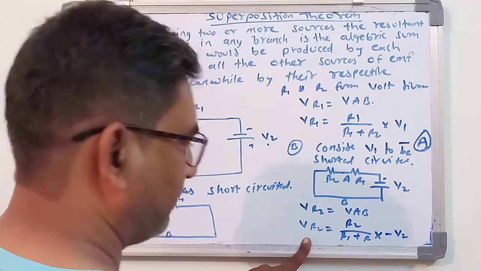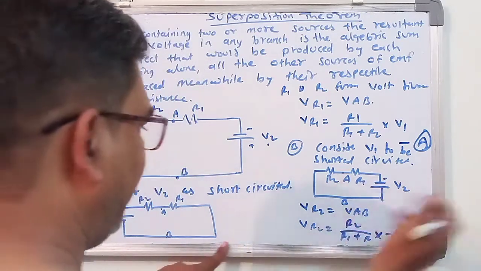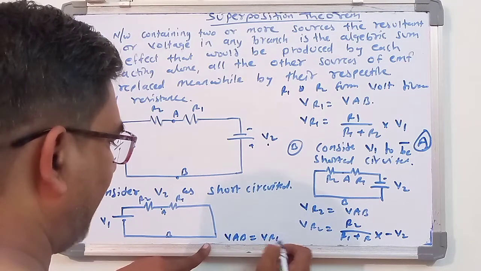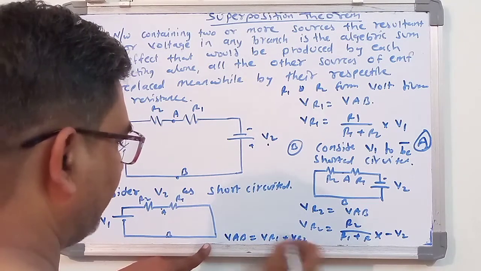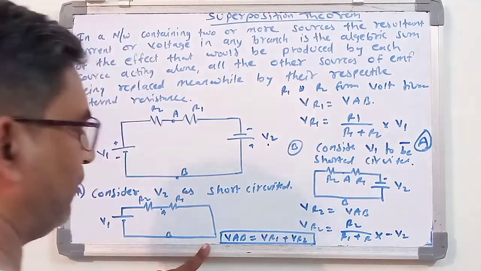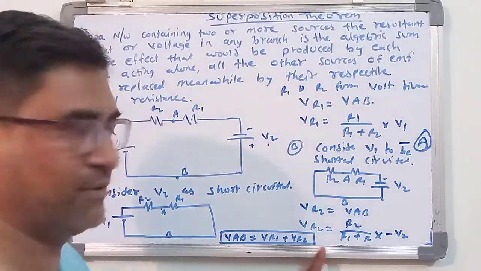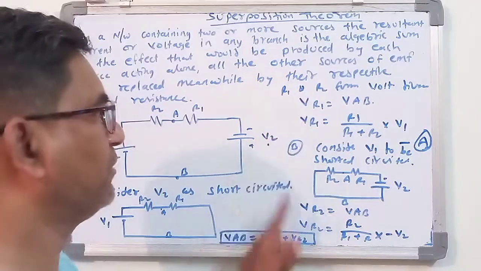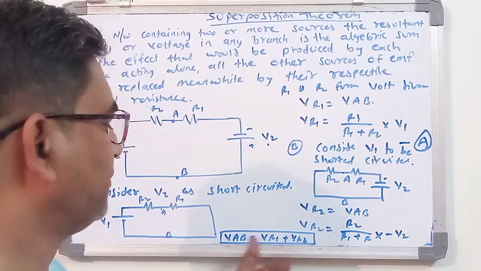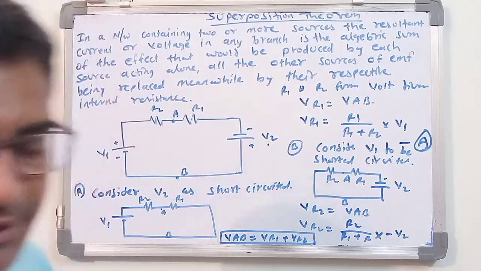And at the end, VAB is equal to VR1 plus VR2. So you will obtain the voltage across A and B like this. This gives you the superposition theorem's value, that is VAB is equal to VR1 plus VR2. Okay, superposition theorem.